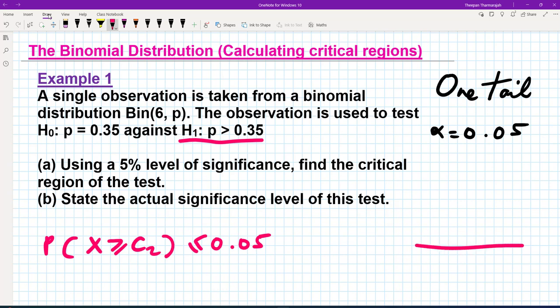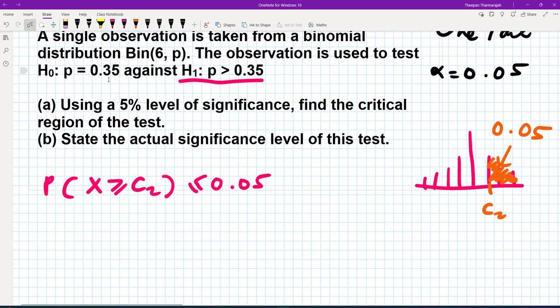If I was to draw a diagram here, what we're really interested in is some value, call this C2, because C1 would lie on the left hand side, and we're going to say that that area under the graph, or the sum of all the probabilities, is 0.05. That's what it actually means. When it comes to a two-tail test, we're going to split this in equal sides of the distribution. So that's what we have here.